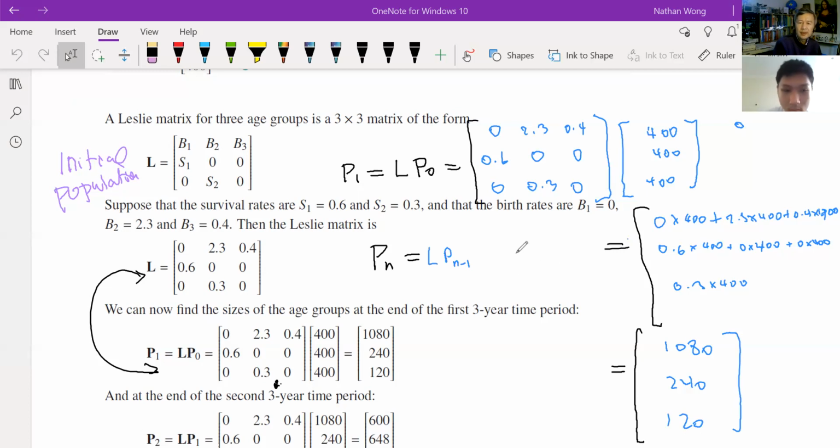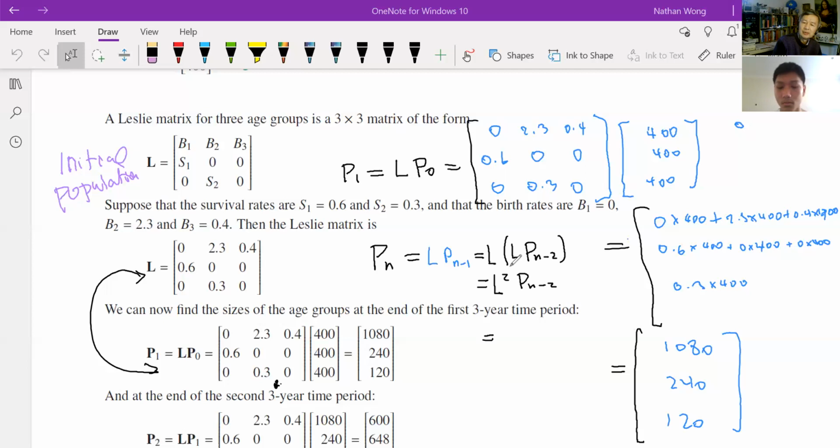Okay, I give you a hint. That would be equal to L multiplied by P_{n-2}. Do you agree? In other words, that would be equal to L squared. Can you see that? Okay, can you continue?